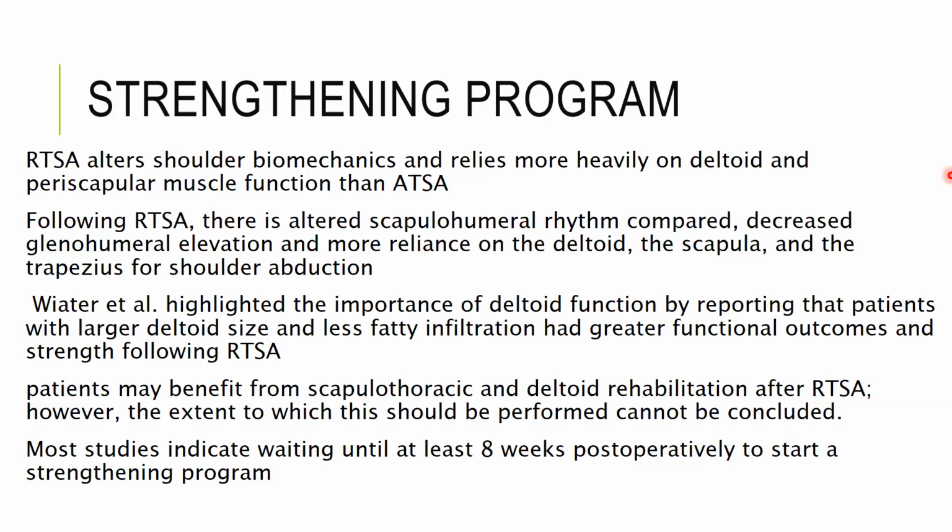The paper suggests that deltoid function is very important, and people who have a large deltoid and less fatty infiltration have a better chance of a good functional outcome. Working on an exercise program for scapulothoracic and deltoid rehabilitation in reverse shoulder arthroplasty can help them have a better functional outcome. For strength training, most of the studies indicate waiting up to 8 weeks to start any strength training programs.